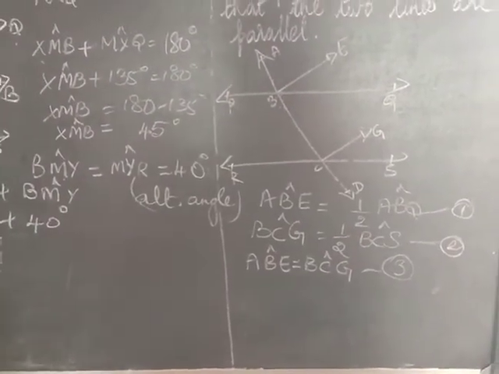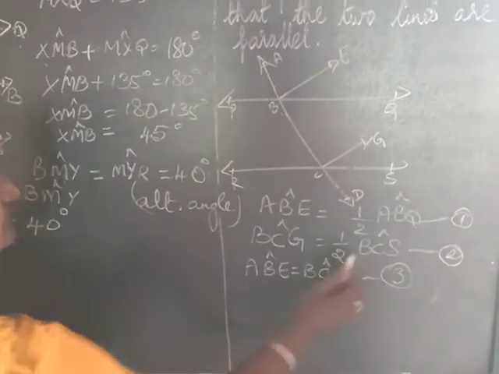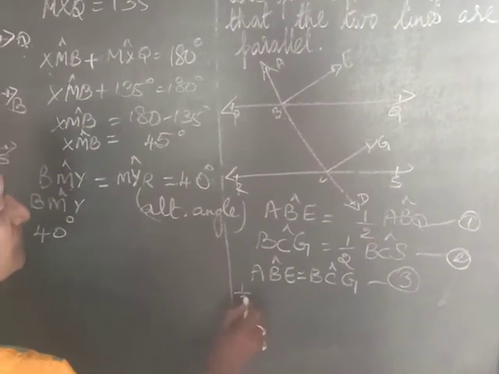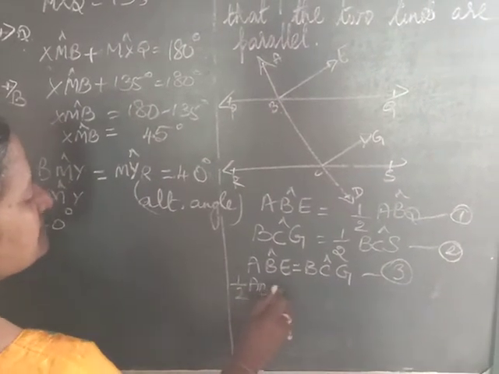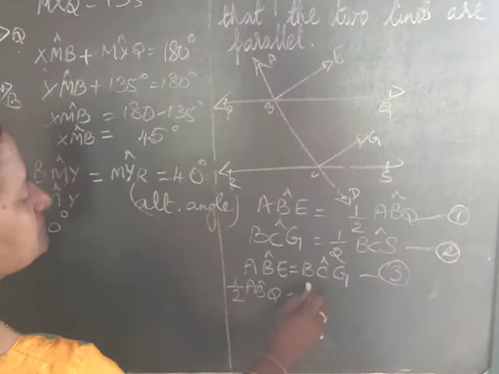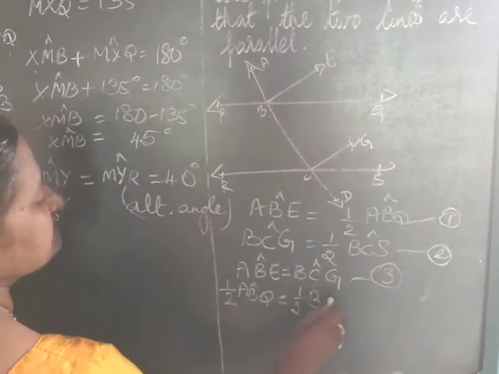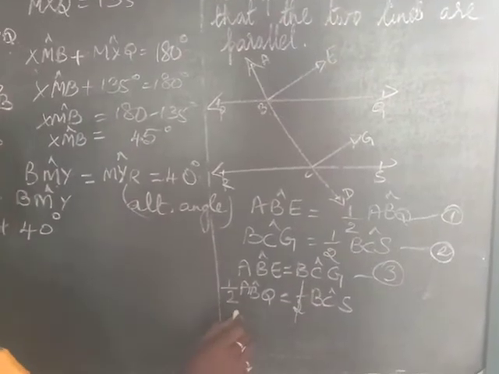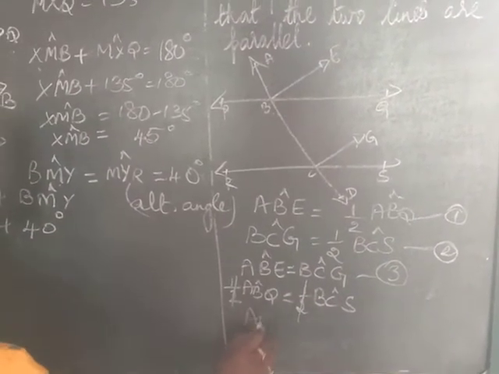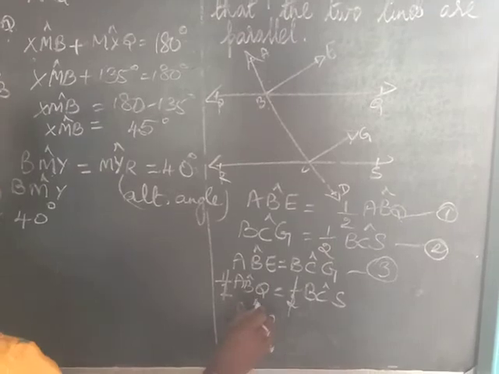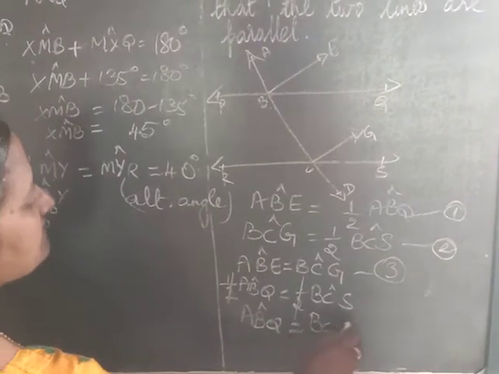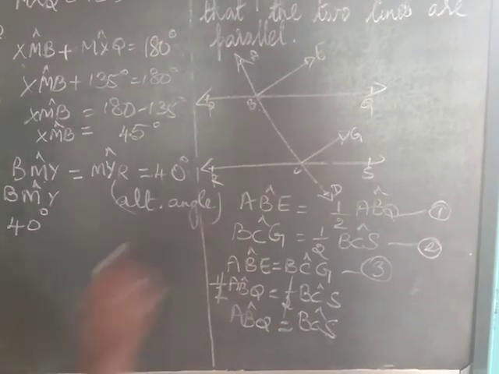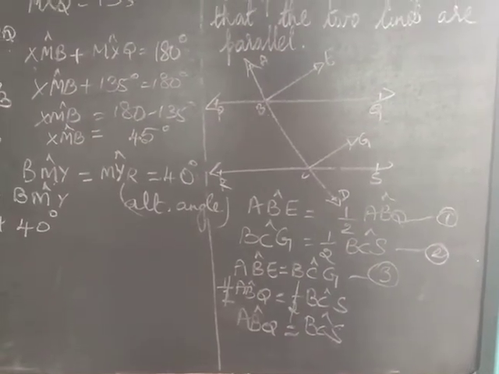Now substituting 1 and 2 in 3: 1/2 ABQ is equal to 1/2 BCS. Here 1/2 will get cancelled. So ABQ is equal to BCS. We got this.